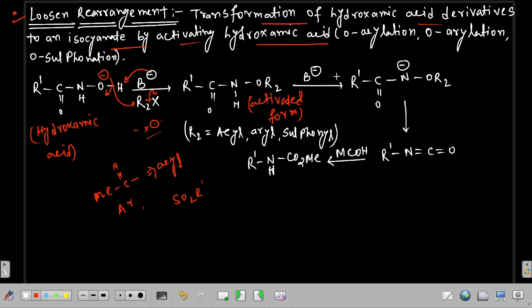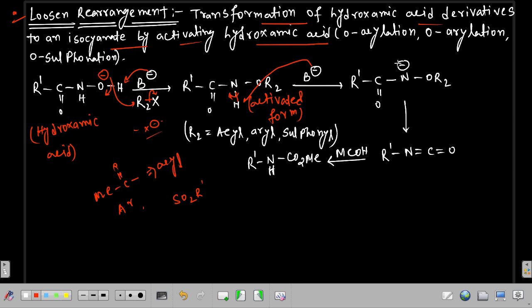So now if you are using another equivalent of base, so base will abstract this proton, the nitrogen-hydrogen proton, like it abstracts this NH proton, and it leads to the formation of this anion.